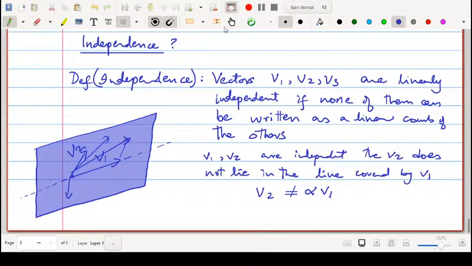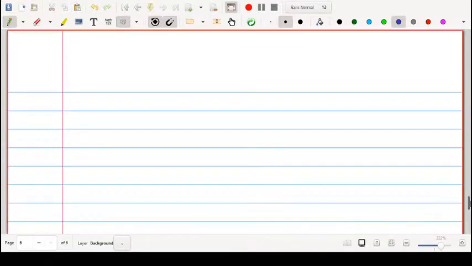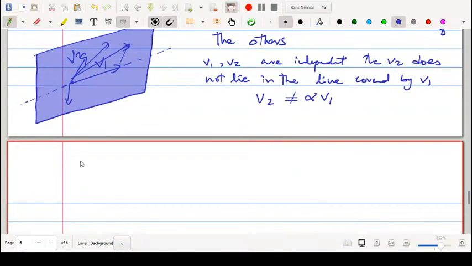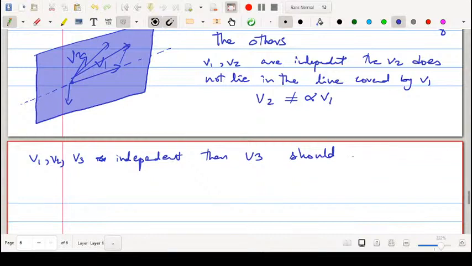Now the next condition: if I want v1, v2, v3 to be independent, then v3 should not lie in the plane covered by v2 and v1.